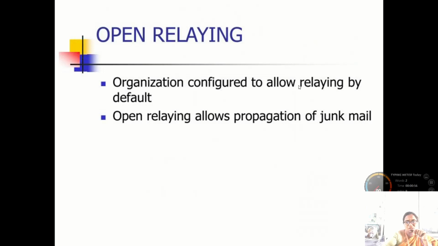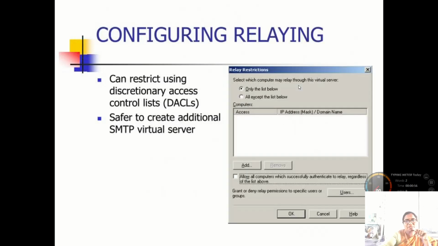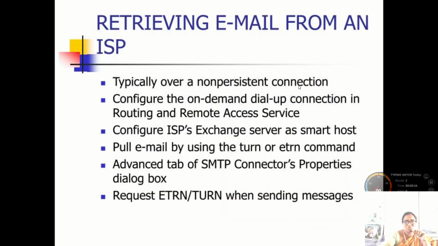Open relaying allows propagation of junk mail. Configuration: relaying can be restricted using DACLs, discretionary access control lists, and it is safer to create an additional SMTP virtual server.